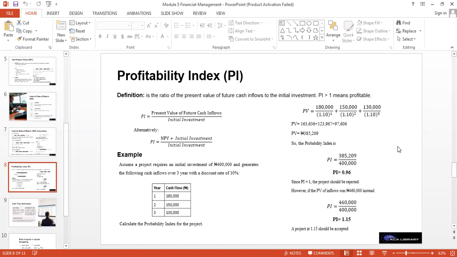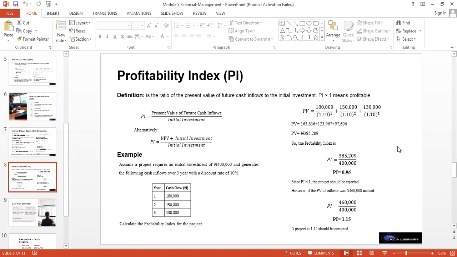We will have to firstly calculate the PV. We get the PV before we are able to get the profitability index, because we have to get the present value of future cash flow, and we have the initial investment. So the PV results in 385,209 naira. In calculating the profitability index, we have 0.96.